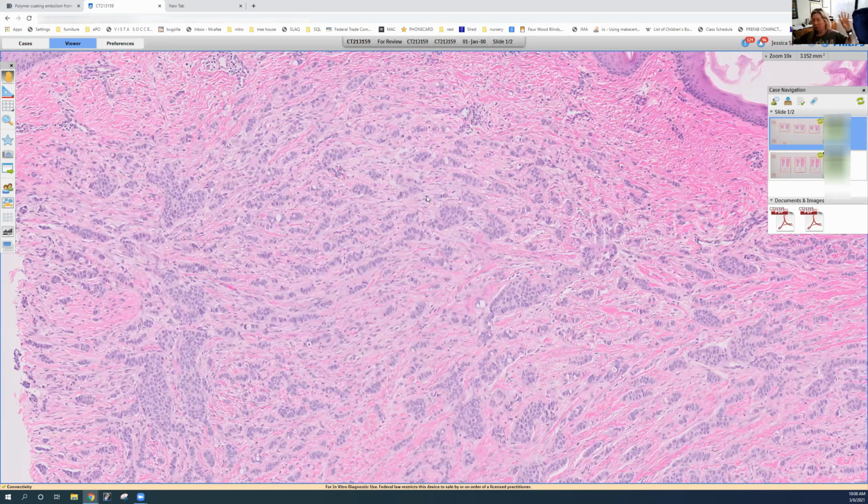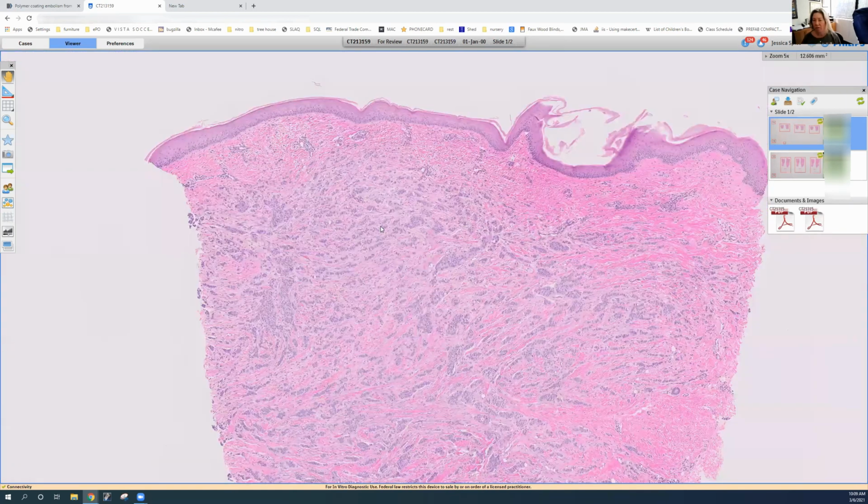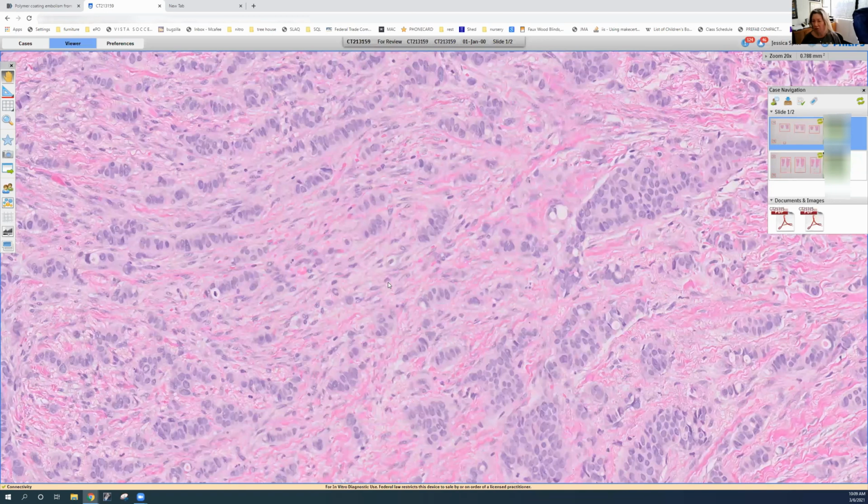And eccrine carcinoma of the skin and breast cancer are both carcinomas of secretory glands. And so they cannot be distinguished on histology or immunohistochemistry. There are some immunohistochemical panels which can help favor one or the other, but even the hormone receptors do not distinguish between those two diseases.